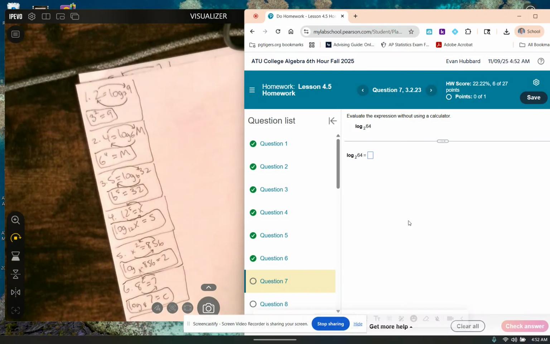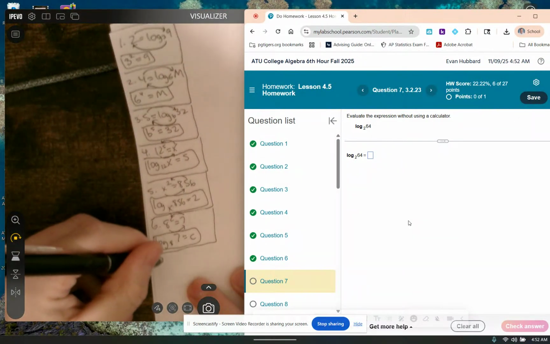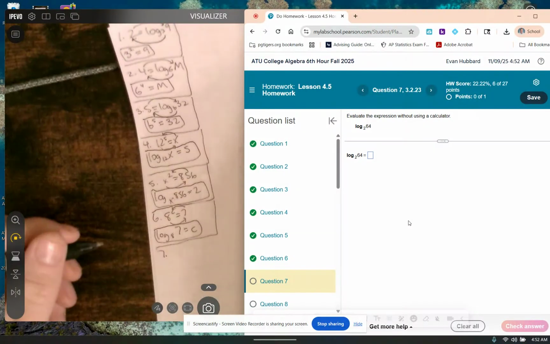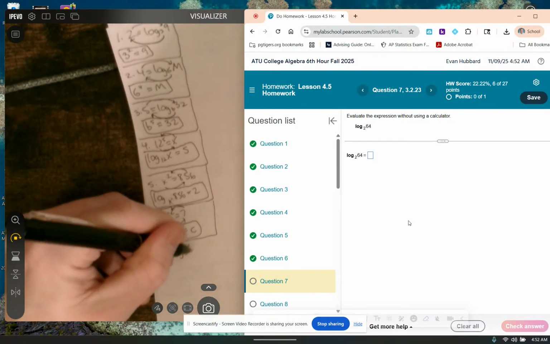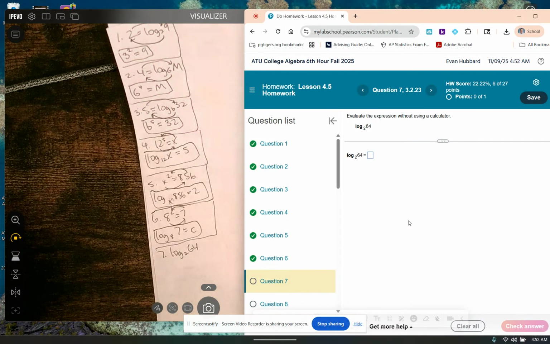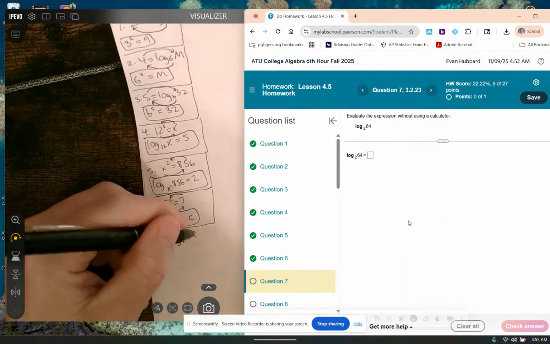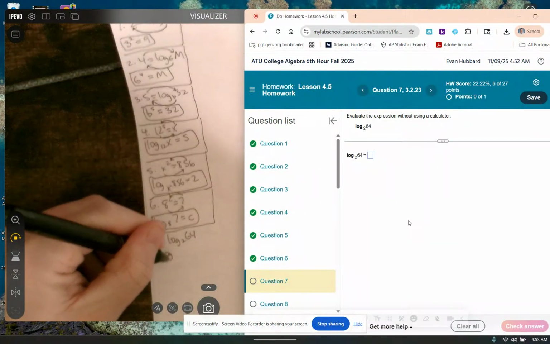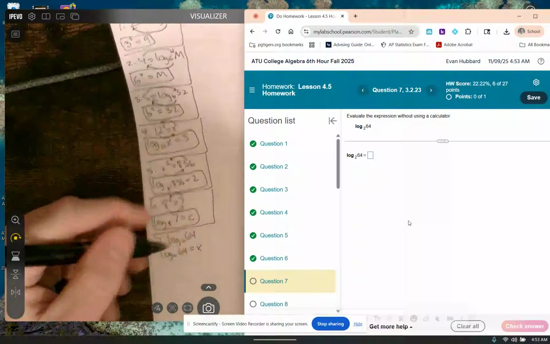All right, now express this without using a calculator. So you got a few things you could do here without using the calculator. Log base 2 of 64. So what I could do is rewrite this as an equation. So I could set it equal to x. So log base 2 of 64 equals x, and then rewrite it in exponential form.